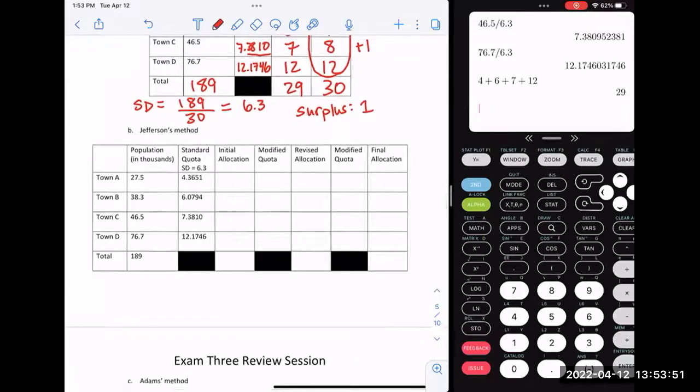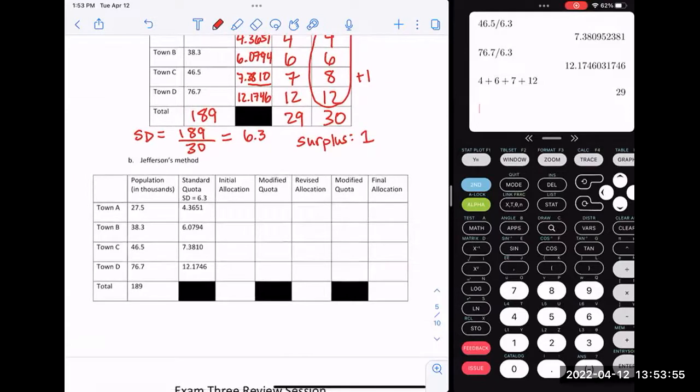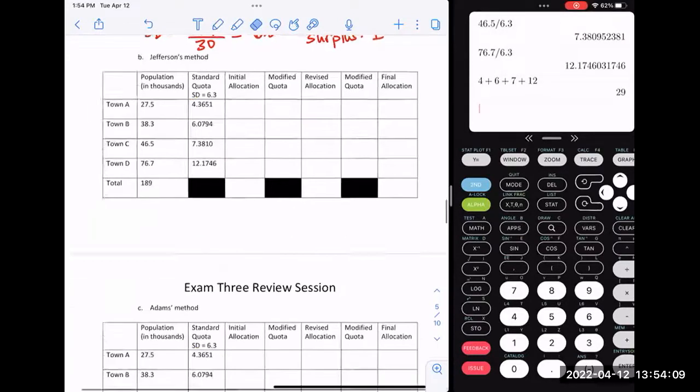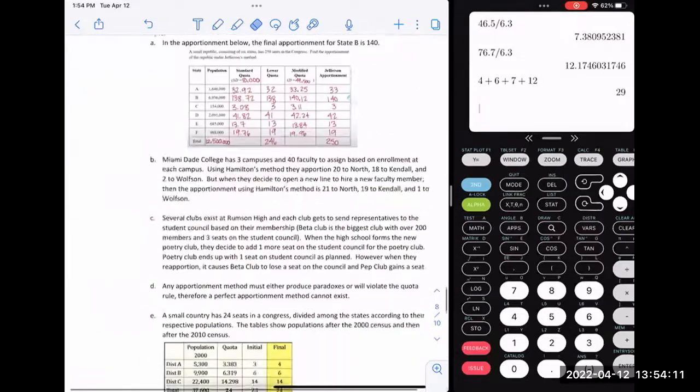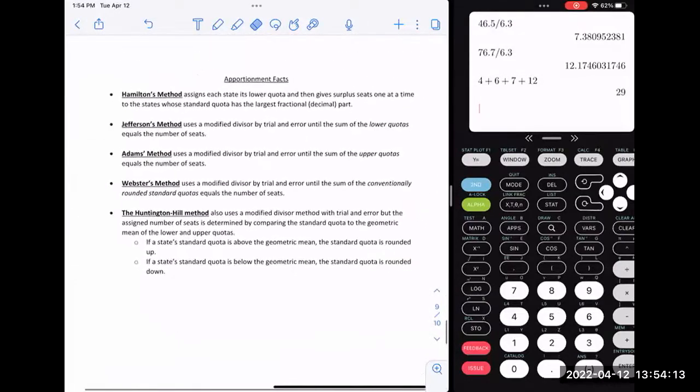All right, so we have Jefferson's method next. So this is the same way at first. They found the total was 189. They found the standard divisor was 6.3. They found all of the standard quotas, so the same numbers that we had. And then we just needed to see, okay, what does Jefferson's method do? So let's revisit that reference sheet.